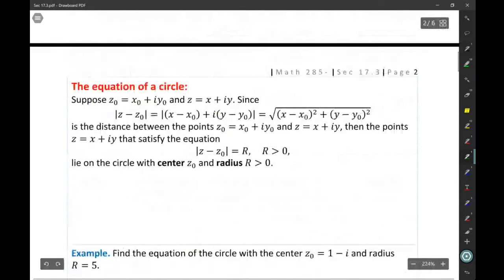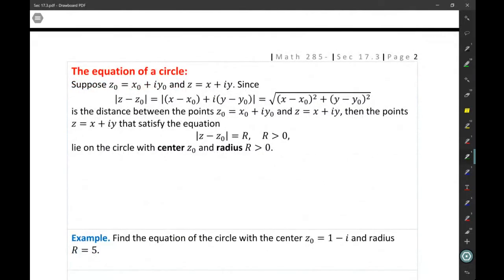Now let us see the equation of a circle and how we can sketch the circle in complex numbers. I mean the domain of this circle in complex numbers.